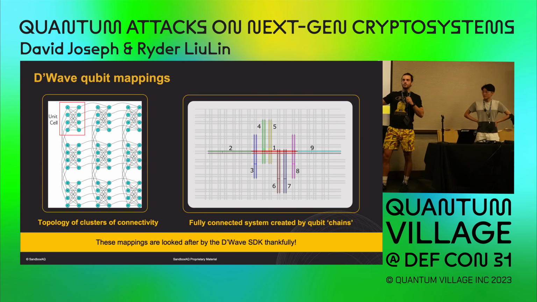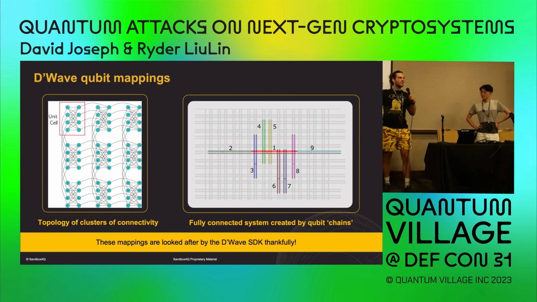So I think the quantum computer community needs to have a sit down and discuss pedagogy and naming. But these qubit chains essentially can be all-to-all connected. So here you can see that qubit 4 and qubit 5 aren't connected, but we can create that in an all-to-all connected way.